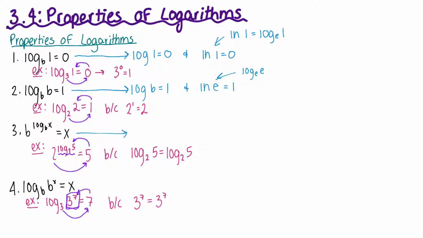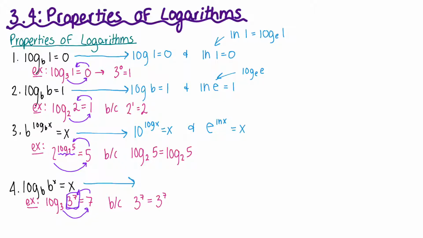Down here, with base 10, 10 raised to the log x is equal to x. And for ln, we're looking at e raised to the ln x is equal to x.